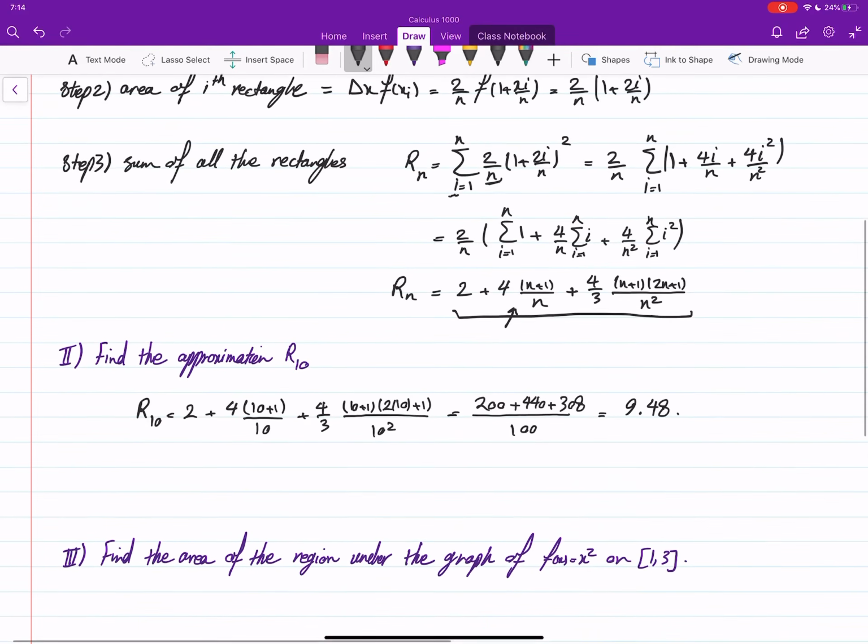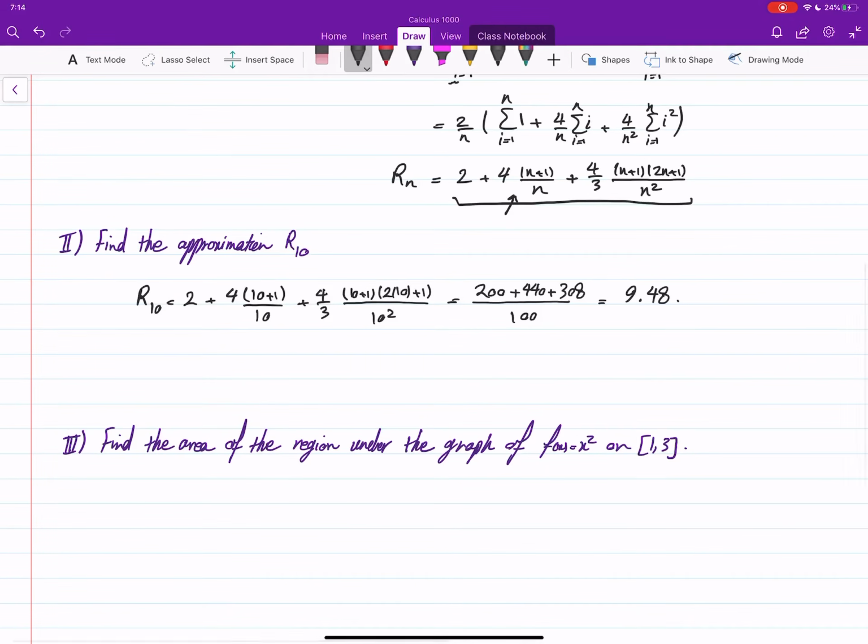Okay. Now the area, this is step 4. The area is the limit of Rn as n goes to infinity. Yes.